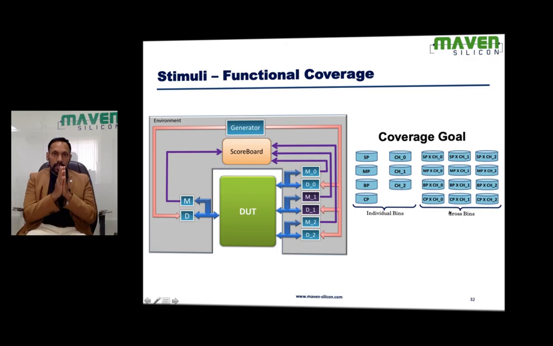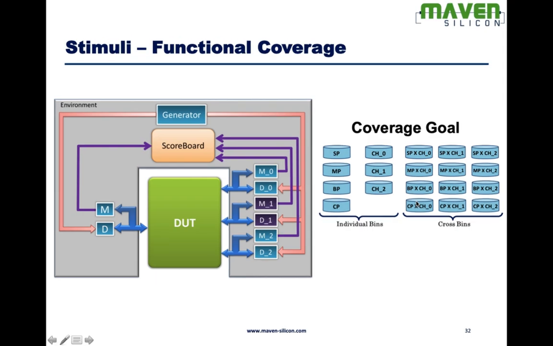If this happens, I can confirm that the router works fine. That's what the coverage model indicates. 12 combinations. If I can generate all kinds of packets, and if I get all kinds of packets from all the output channels, then I can confirm that the design works fine.